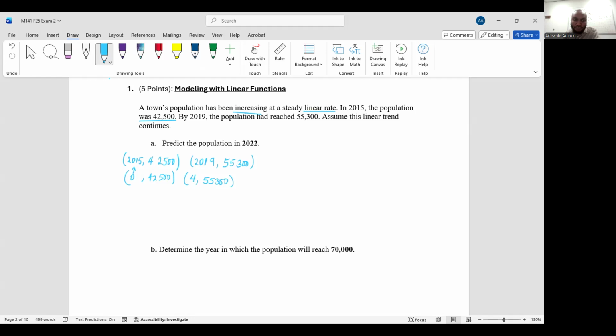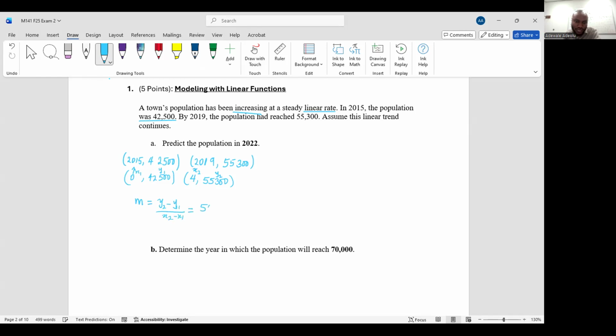So to do this, I can just find the rate of change, which is the slope. Remember, I can call this y2, x2, and this is y1, x1. So that is y2 minus y1 divided by x2 minus x1.